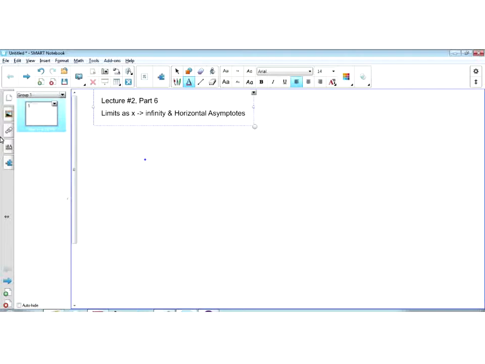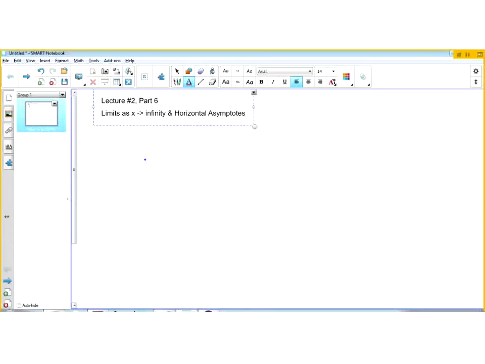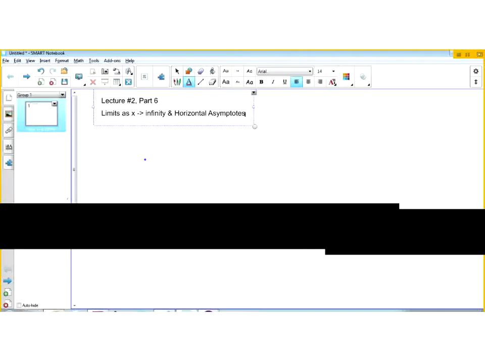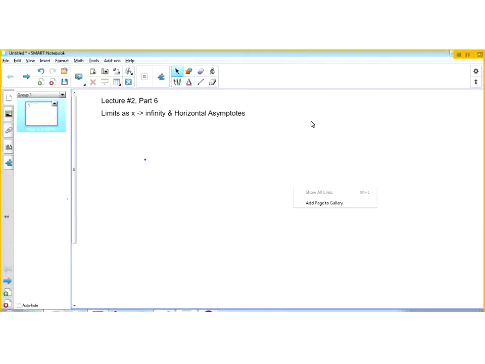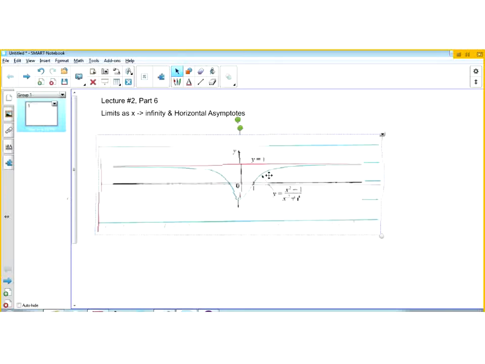All right, so we'll start off with an example of what we mean by the limit as x approaches infinity. So let me post a graph. Let me pull one from the textbook. Okay, so let's consider this graph.